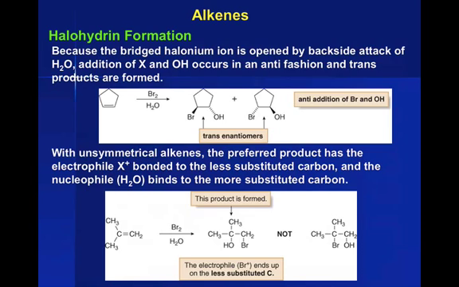The electrophile is on the least substituted carbon. Right? This is where my electrophile is going. That's the bromine. And my OH, the nucleophile, is going to the most substituted carbon. That's exactly like a Markovnikov addition, except we're not dealing with hydrogen as the electrophile, right? We're dealing with bromine. And so that's the big difference there.